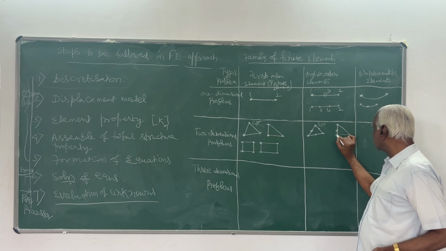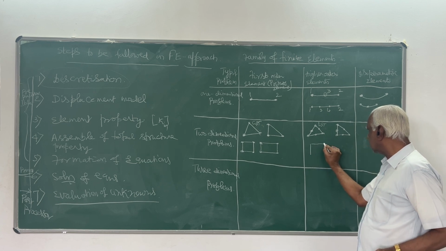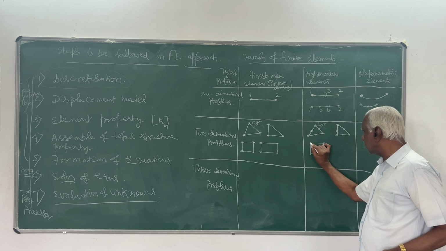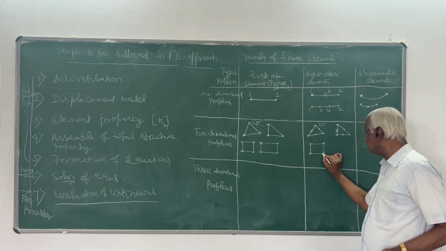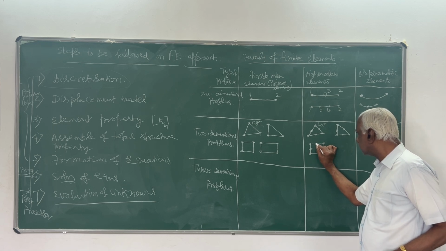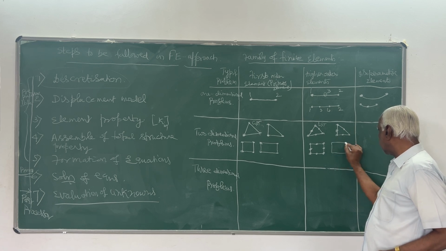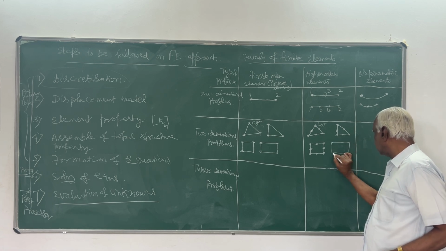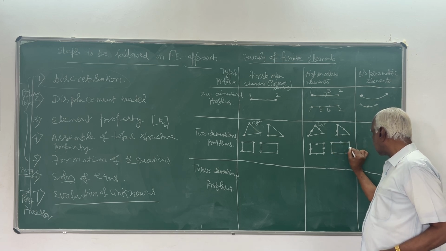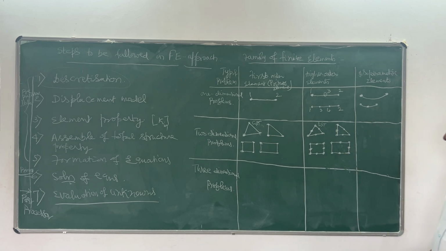You can have a 6-noded triangle, or here you can go for an 8-noded square or 8-noded rectangle, or area element.